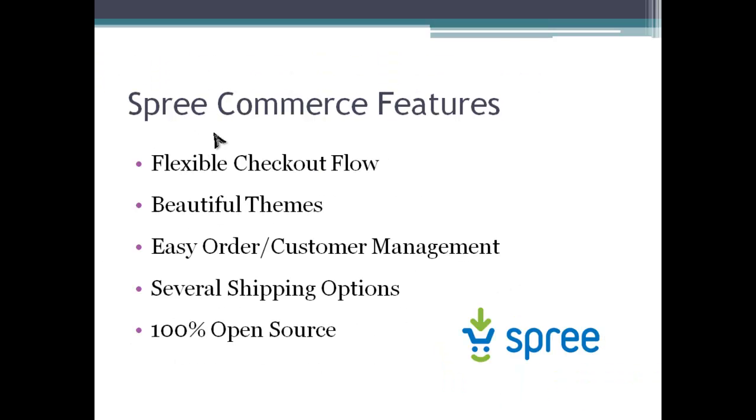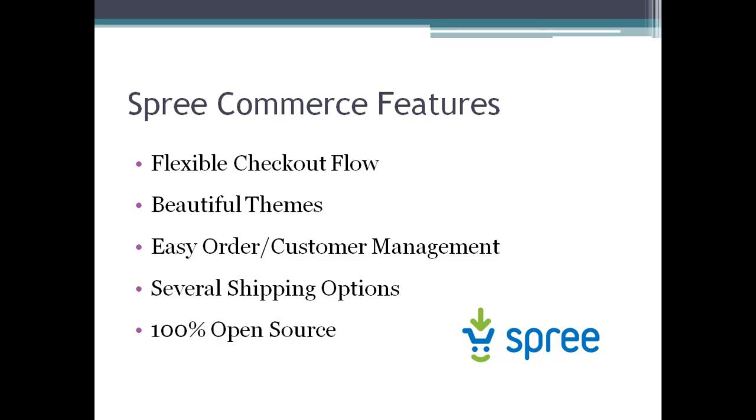So next we have SpreeCommerce, which is based on Ruby on Rails as opposed to the other platforms that are based on PHP. It has a very flexible checkout flow. I really like how smooth the checkout goes. It's pretty similar to PrestaShop in a lot of ways. It has really beautiful themes.